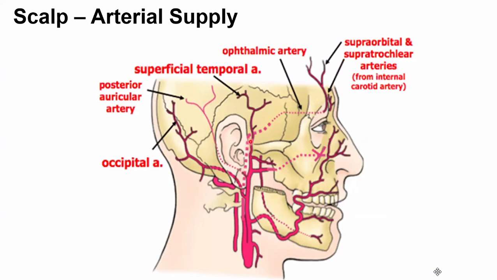But somehow a branch, the ophthalmic artery, goes out from one of the foramina and goes out from inside the skull, and branches to the supraorbital and supratrochlear arteries to supply the forehead. This is interesting here. And the rest of the scalp is supplied by the external carotid artery: the superficial temporal artery, posterior auricular artery, and the occipital artery.